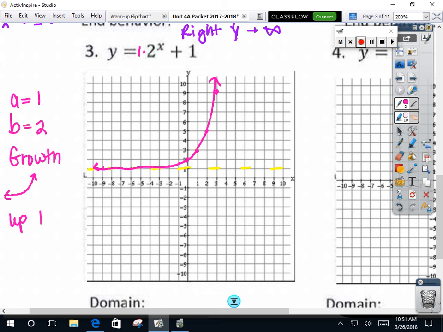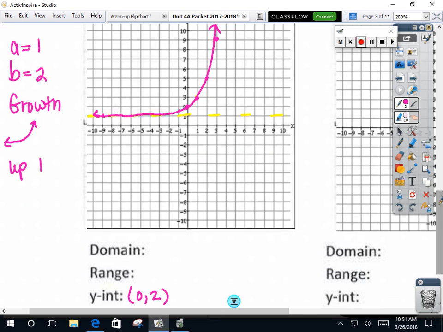Okay, so now what is the domain? Correct. It still goes left forever and it still goes right forever. The range is different from problem to problem because of where the asymptote is. This time, how far down will it go? 1, because the asymptote is now at 1 because of that plus 1 in the equation. And then how high will they go?